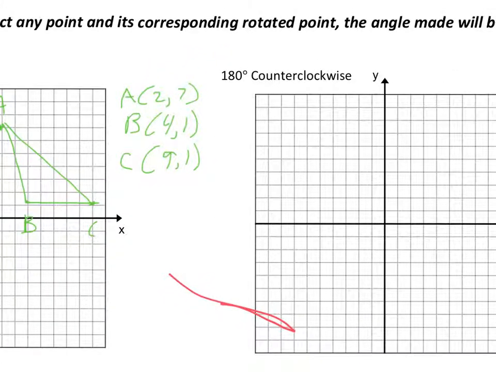What we're going to end up with for A, again, we're going to make our 7 our x-coordinate and change the sign, and then we're going to make our x-coordinate our y-coordinate. We're going to do the same for B, so we'd end up with -1, 4, and then we're going to end up with -1, 9.